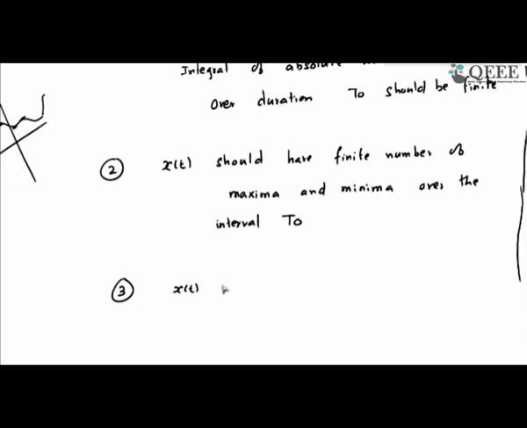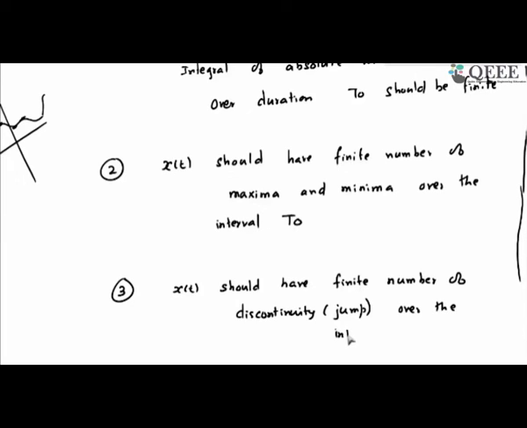Then let us see the third Dirichlet condition. X of t should have a finite number of discontinuities or jumps over the interval T naught.